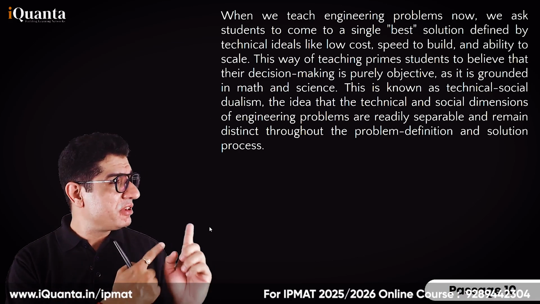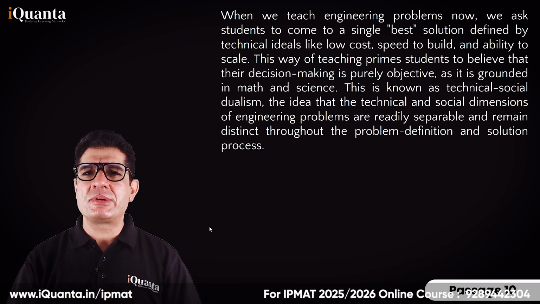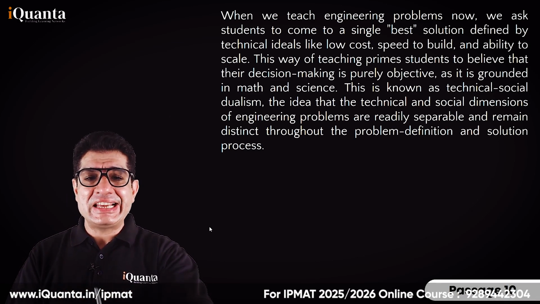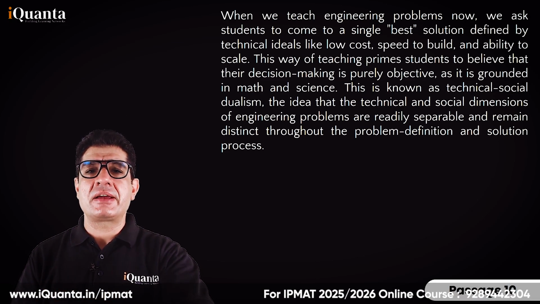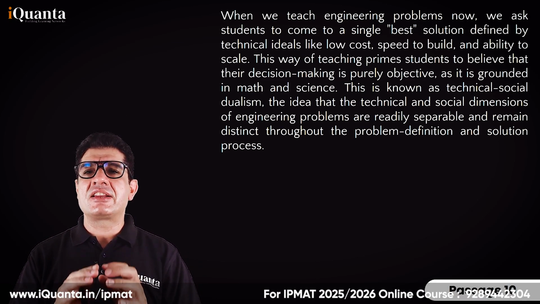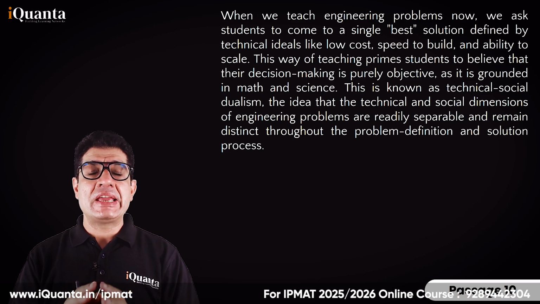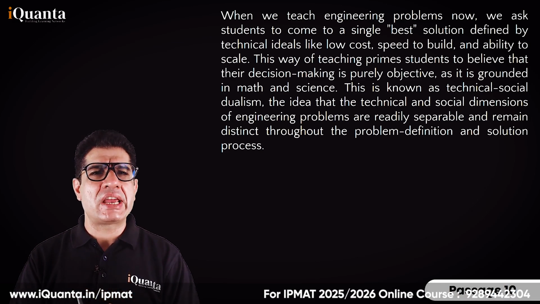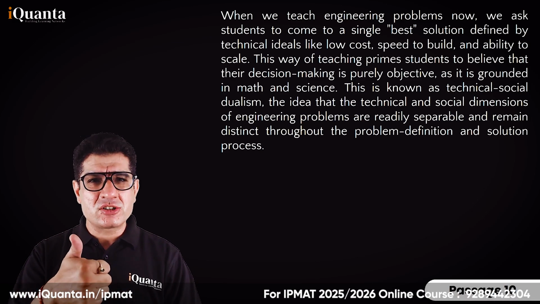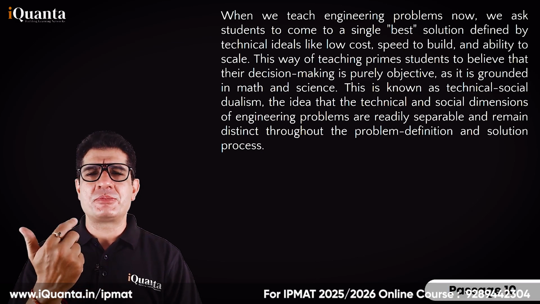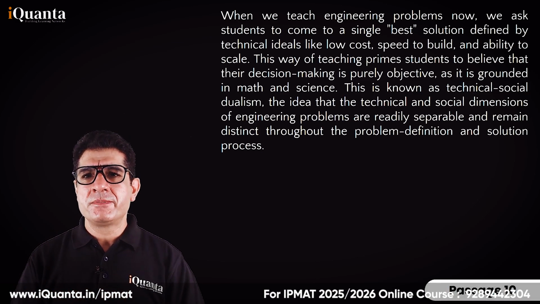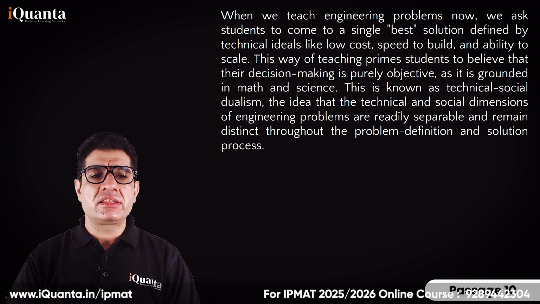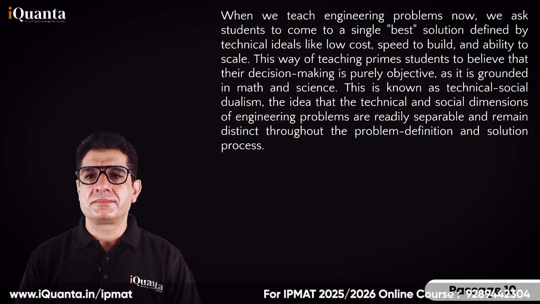So because we tell them that, hey, you are just supposed to be driven by these technical ideals, it prepares them to think that in reality they are making decisions that are purely objective. Why objective? Cost is objective, time taken to produce is objective, scalability is objective. And as it is grounded in math and science. So once again, things which are all objective.